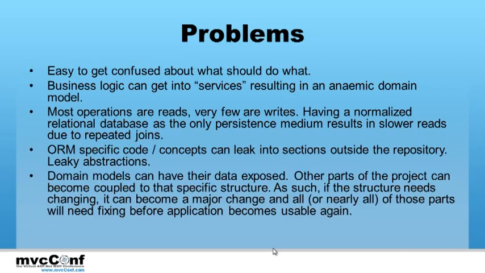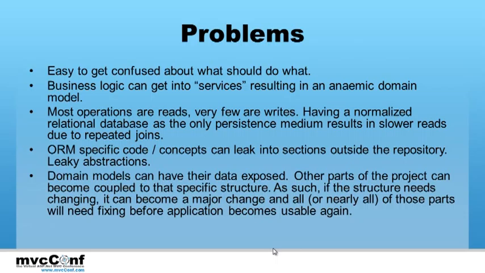Domain models can have their data exposed in a typical relational database-based application. By that, what I mean is that other parts of the project will know what the internal structure of your domain object is.